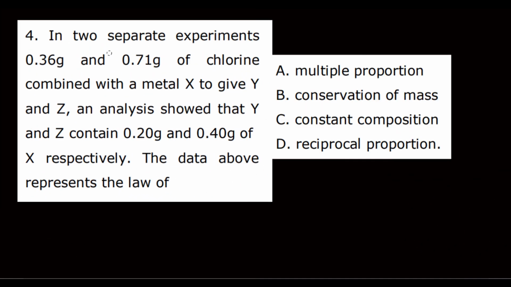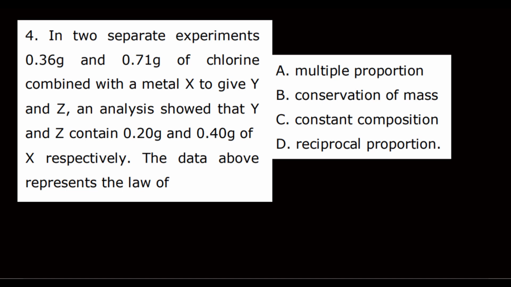Question 4. In two separate experiments, 0.36 grams and 0.71 grams of chlorine combined with a metal X to give Y and Z. An analysis showed that Y and Z contain 0.20 grams and 0.40 grams of X respectively. The data above represents the law of A, multiple proportion, B, conservation of mass, C, constant composition, D, reciprocal proportion.